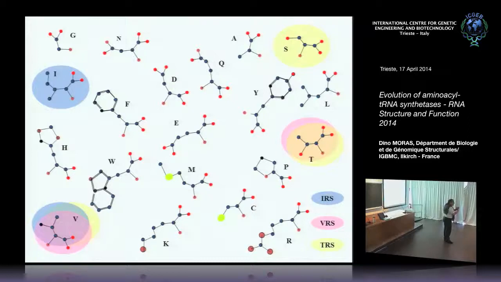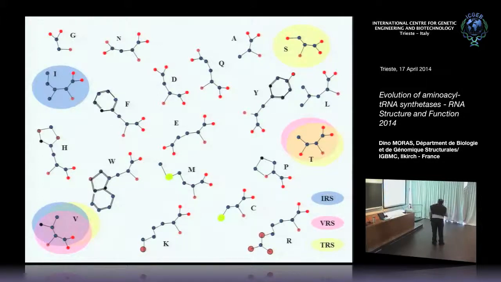So there is an ambiguity in selection. Then there is mischarging, and the mischarging rate at that level is about 1 in 200, which is far too much. It has to go to at least 1 in 10,000. For this specific enzyme, nature found a proofreading mechanism.